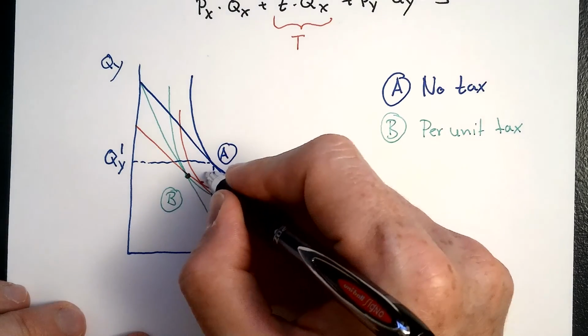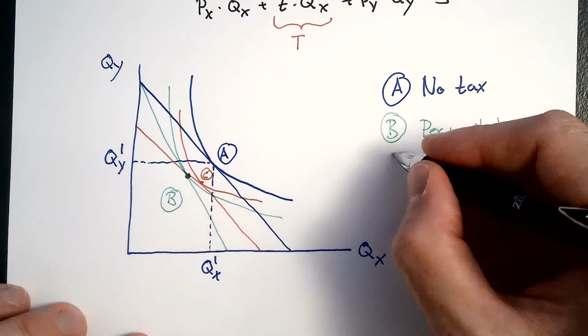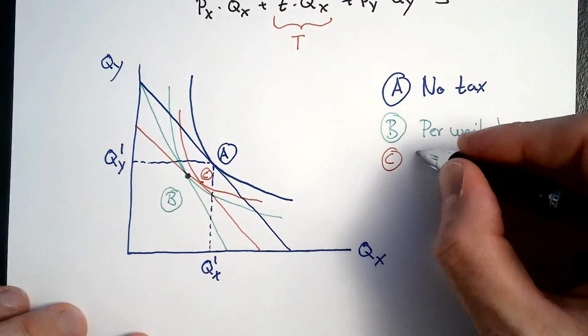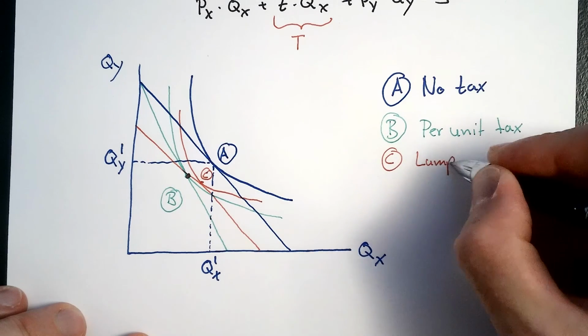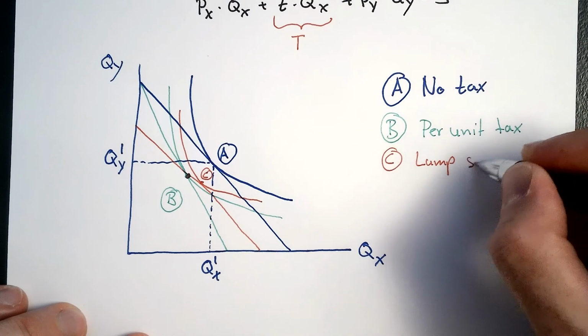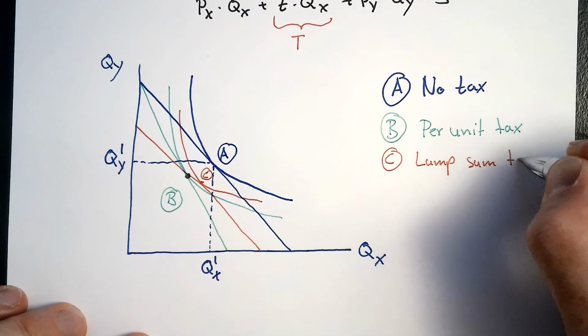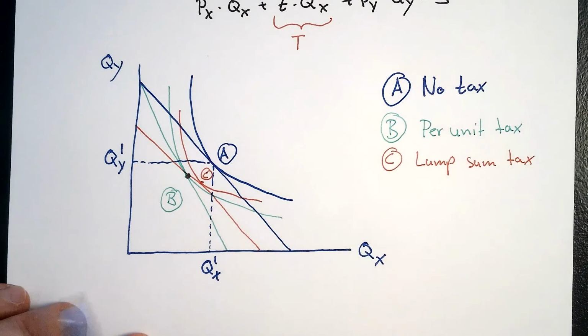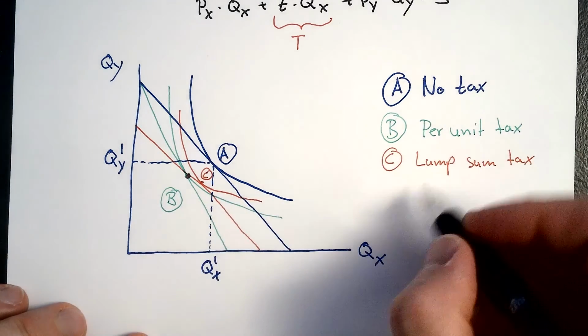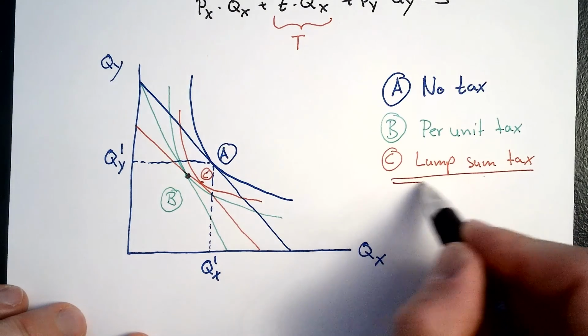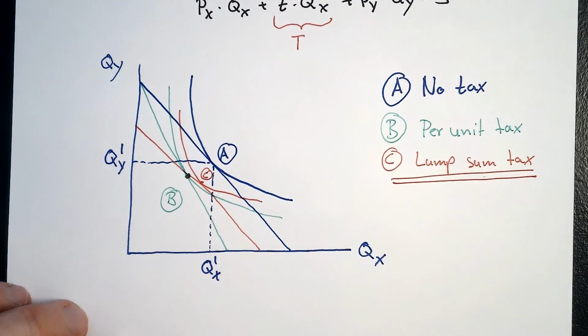So here the consumer is at point C, which is the lump sum tax. And hence the consumer is better off with the lump sum tax as opposed to the per unit tax.